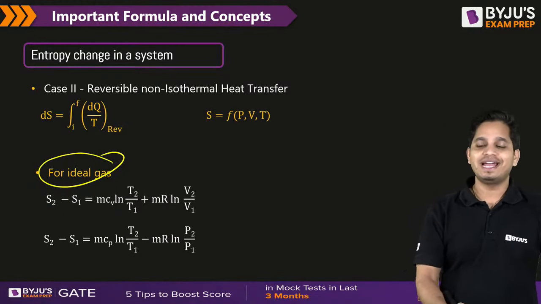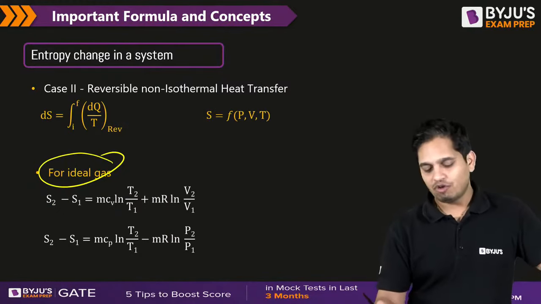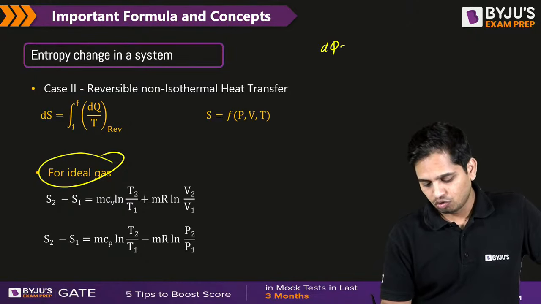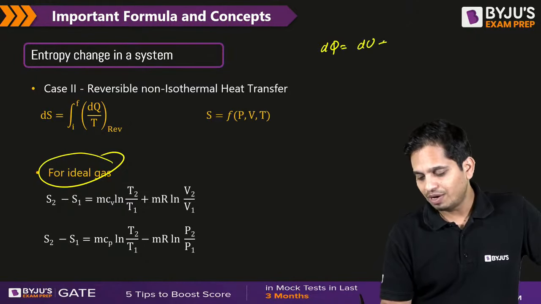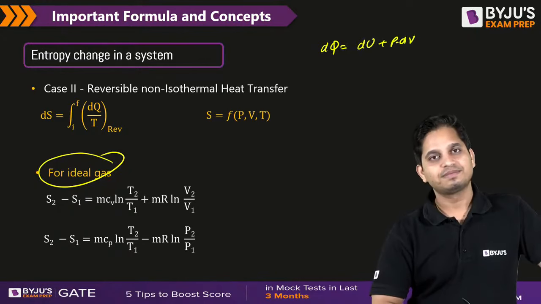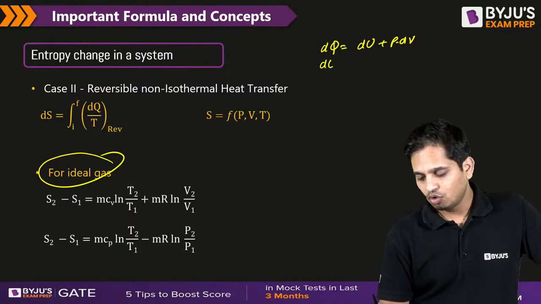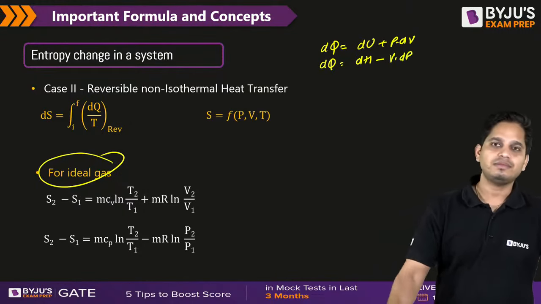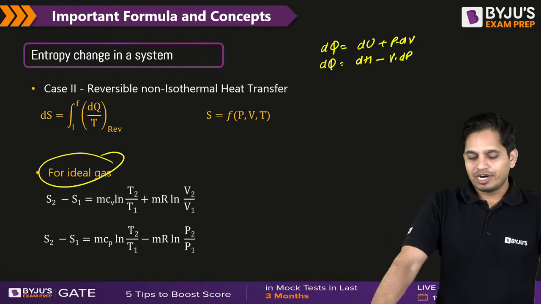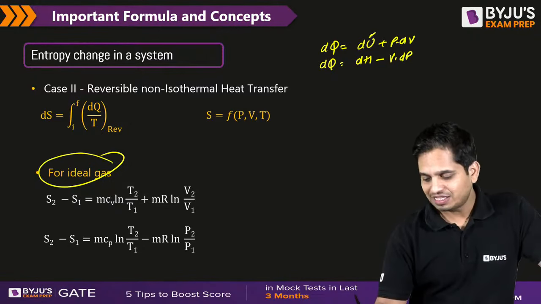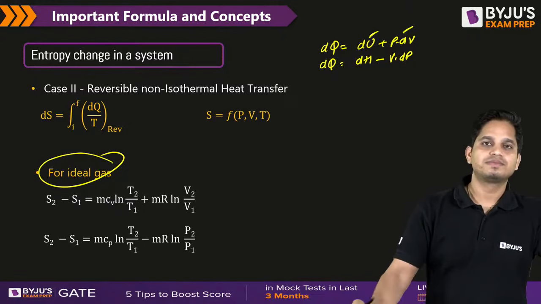For ideal gas, what happens? dq is equal to du plus pdv, and dq is equal to dh minus vdp. So it is a function of temperature, pressure and volume.